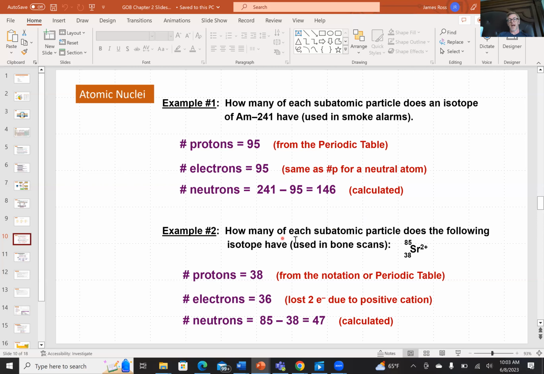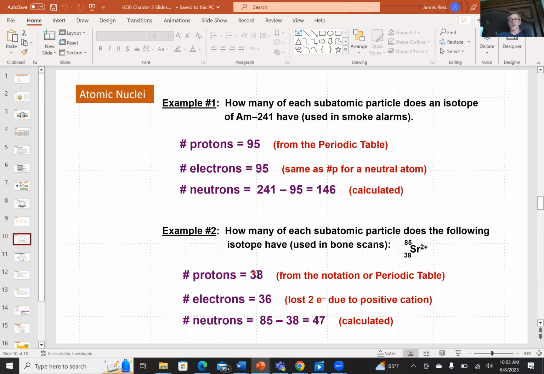Example 2, how many of each subatomic particle does the following isotope have? We have a strontium ion, which has a total mass, we're told, of 85. Strontium from the periodic table has atomic number 38, so we know it must have 38 protons. Notice that it's got a +2 charge, therefore it's lost 2 negative electrons.